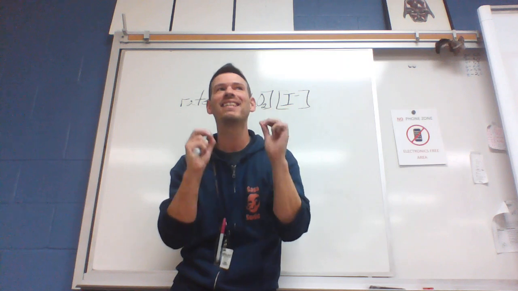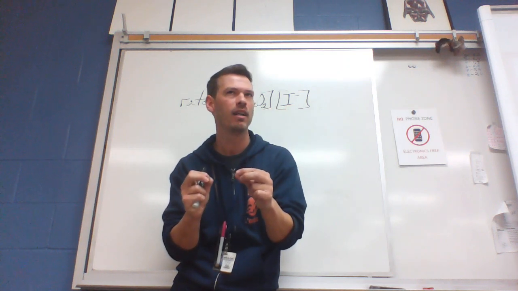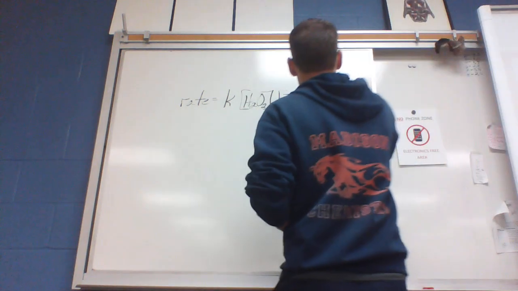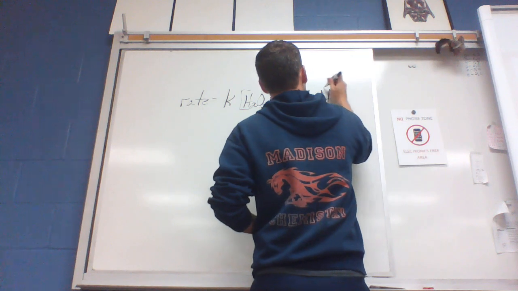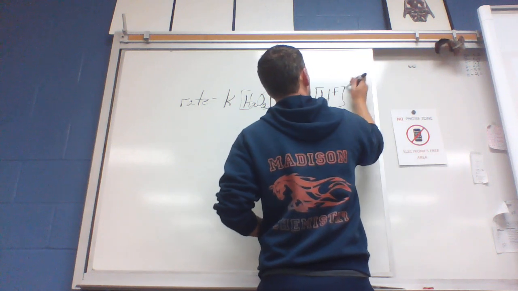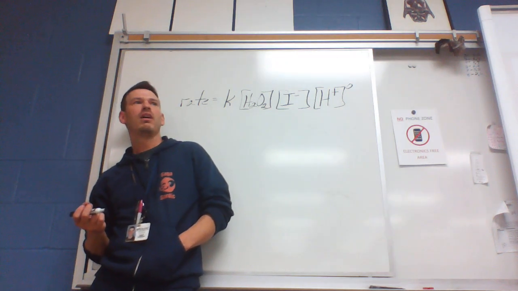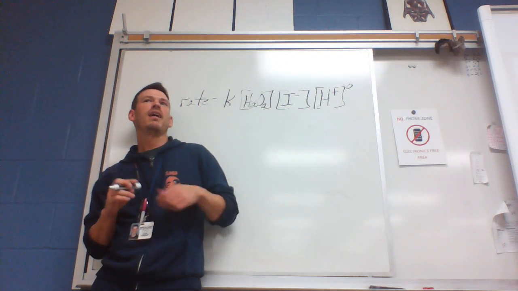Are there any reactants not in the slow step? Yes. What is it? I minus? No, I minus is there. H plus. It also is included, to an order of 0. Why is this?